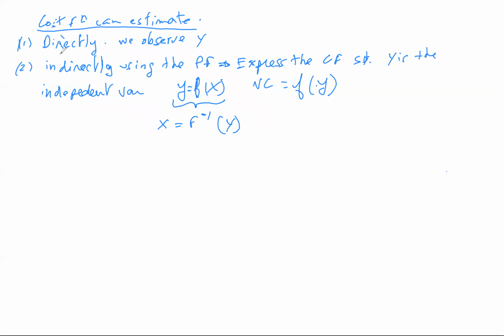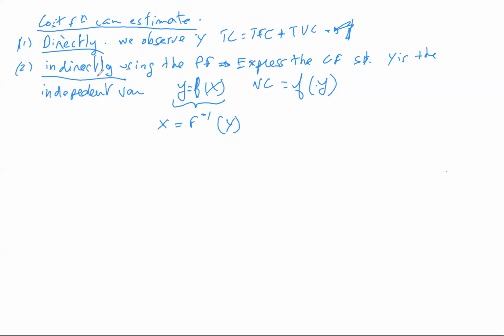The cost function can be estimated in 2 different ways. That's what I referred to earlier. So total cost equals total fixed cost plus total variable cost.